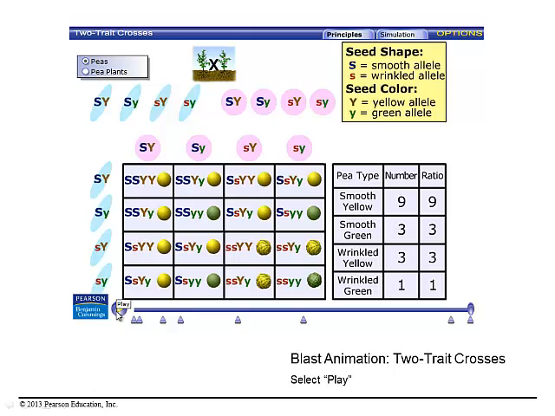Now let's use this s. Little s, big Y. Yep. And little s, little y. You got it. You see where the 4 gametes came from?